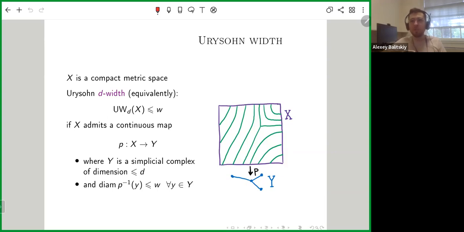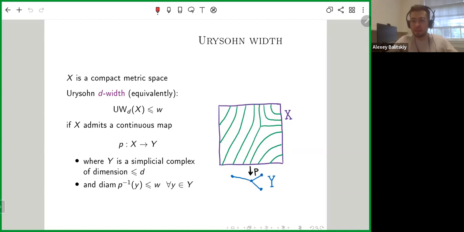Once you manage to do that, with the fibers being reasonably small, having diameter at most W, then the Urysohn width is bounded by W. And once again, once I define those upper bounds, the infimal W such that this holds is the Urysohn width by definition.